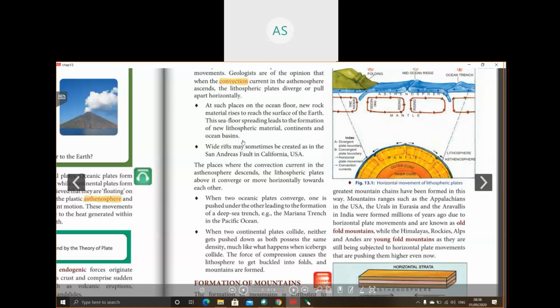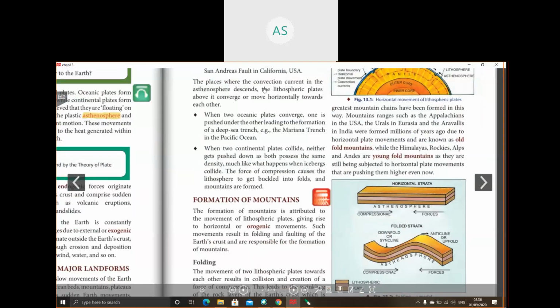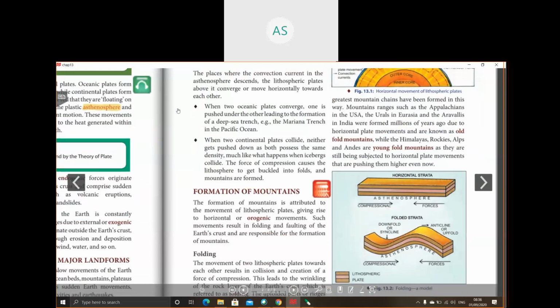Okay, now we move on. The place where the convection current in the asthenosphere decays, the lithospheric plates above it converge or move horizontally towards each other. When two ocean plates converge, one is pushed under the other.